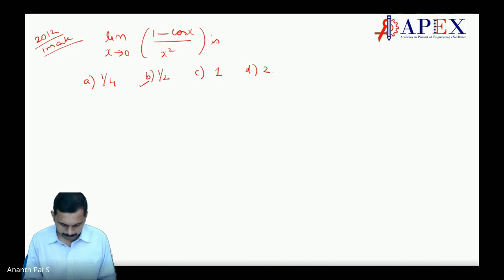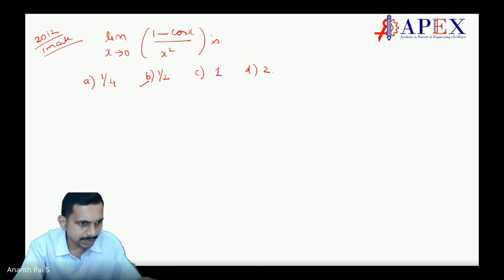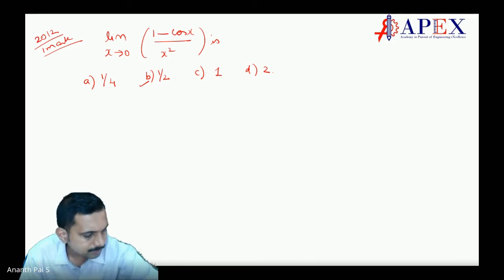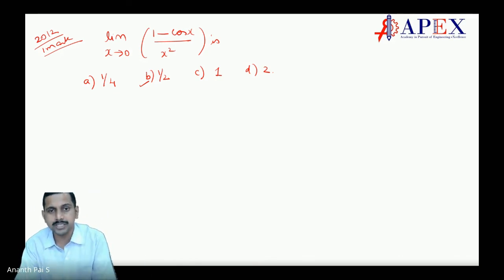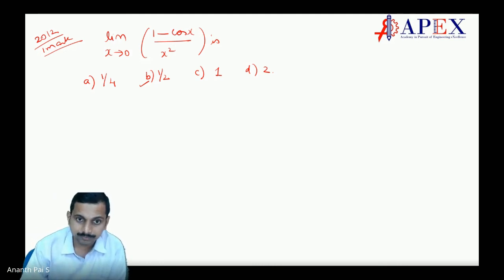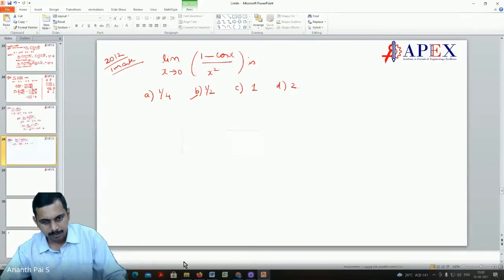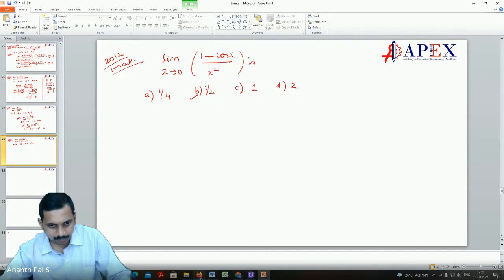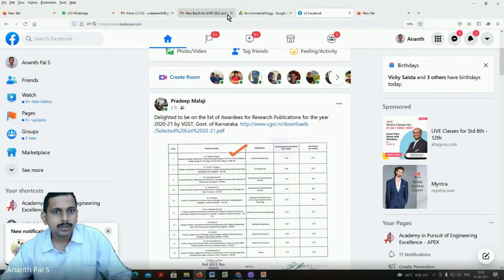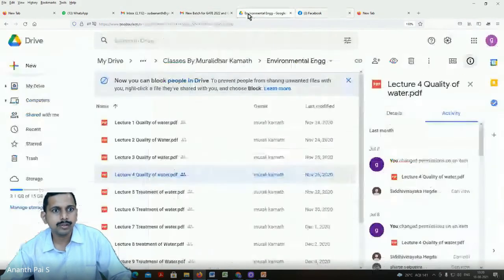Some 4 problems I've given you to solve. Please solve it. Then let us go with some more problems, or you can go to previous years' GATE papers and see where limits has come. See whether you can solve. Not just in mechanical. I have downloaded all the old question papers.